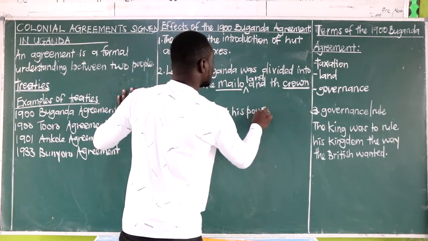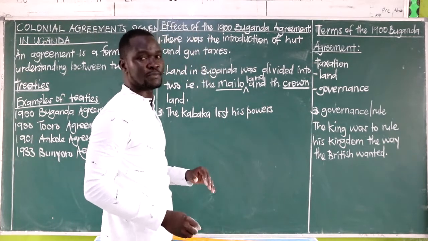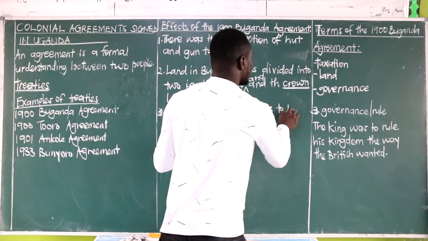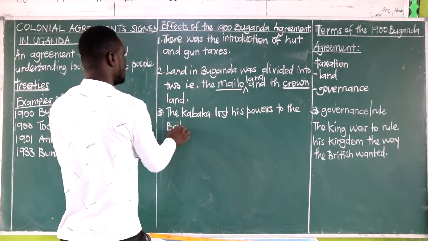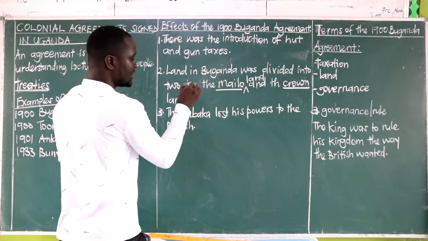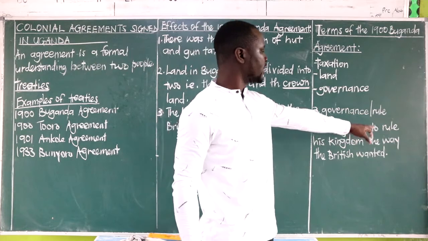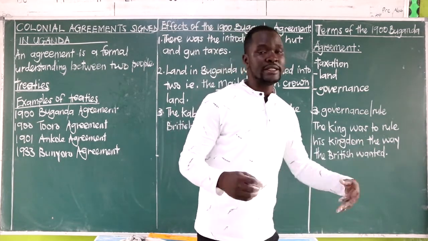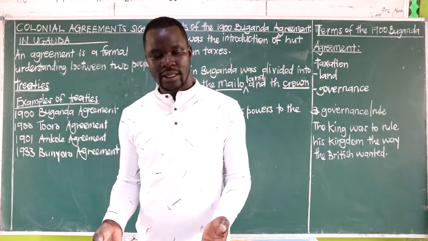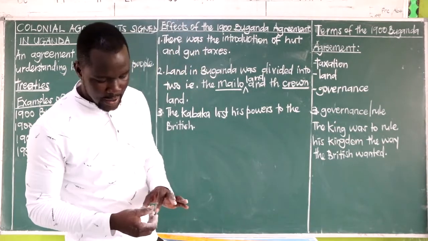We can simply call that one, the Kabaka lost his powers to the British government. Remember, we have just said that the king was to rule his very kingdom the way the British wished. Therefore, he lost his powers.